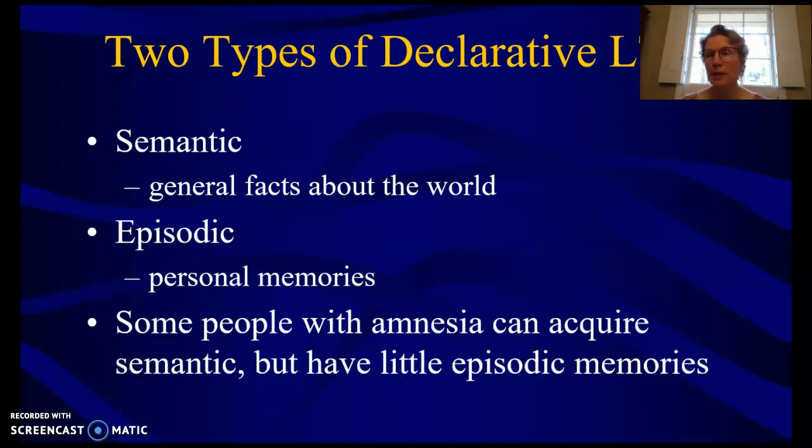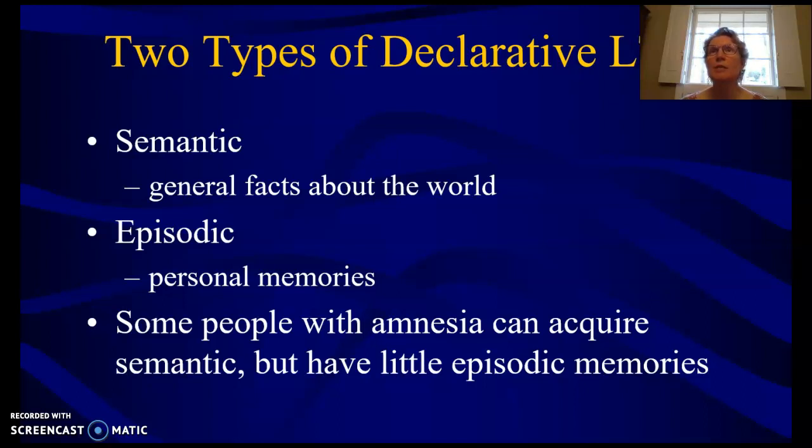And what's really interesting is that a lot of times people with memory problems like amnesia can acquire semantic memories, but they don't have very good episodic memories.